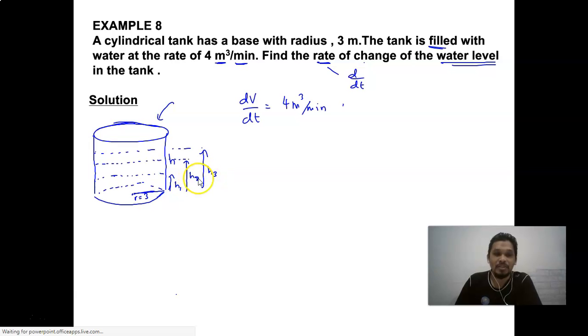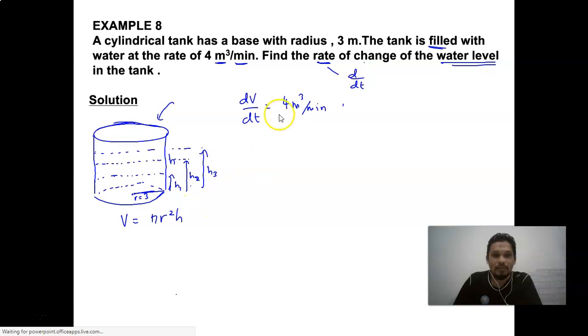So the change of this height with respect to time. The change of the height also gives you one volume of water inside the tank at one particular time. So now we need to find the volume of this cylindrical tank, which is pi r square h.